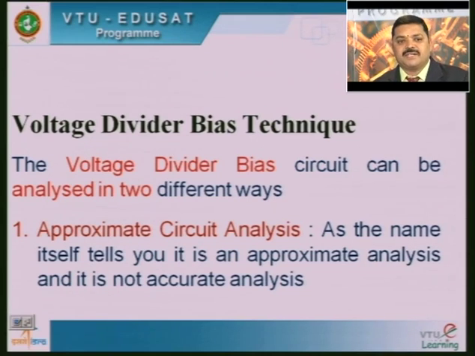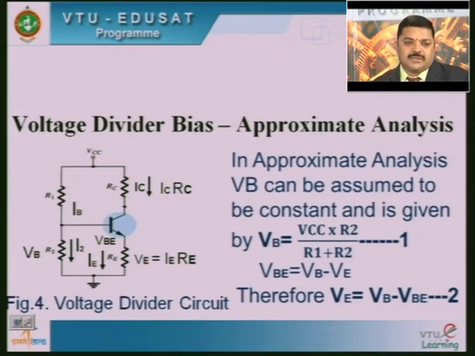As the name tells you, it is an approximate analysis and not the accurate analysis. Accurate analysis means we need to go for a precise technique, which is the second technique. We will see that later. So, first we will analyze the voltage divider bias circuit by approximate analysis.